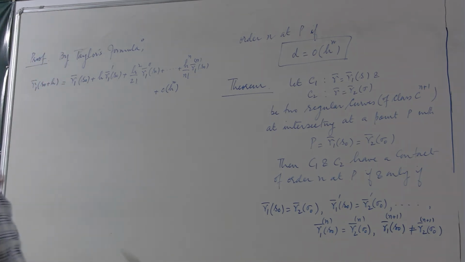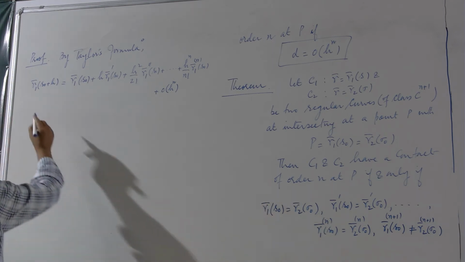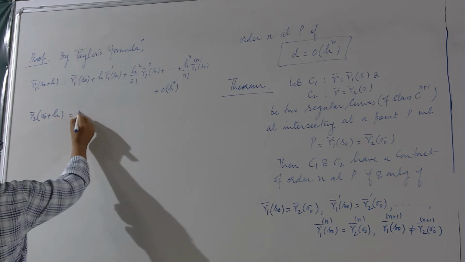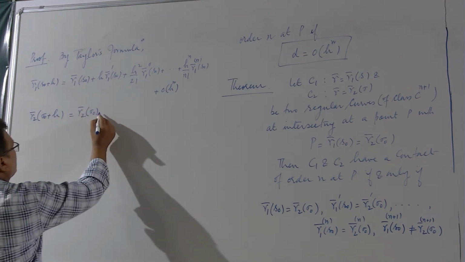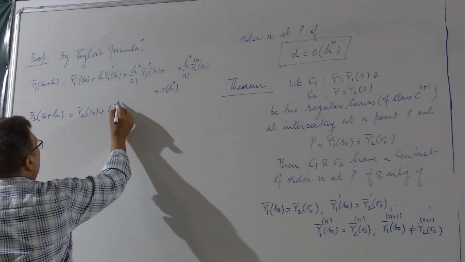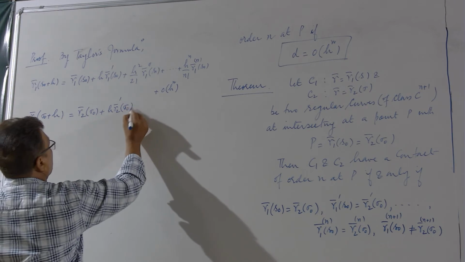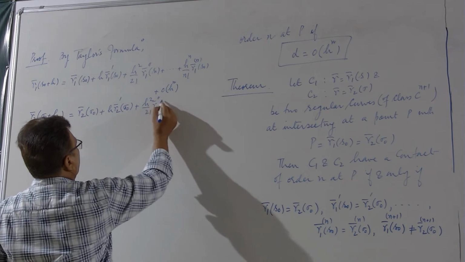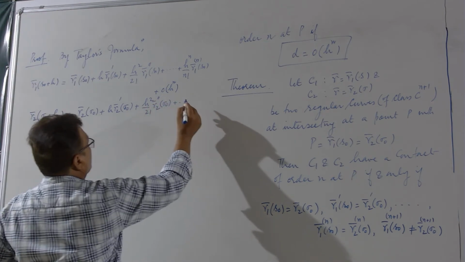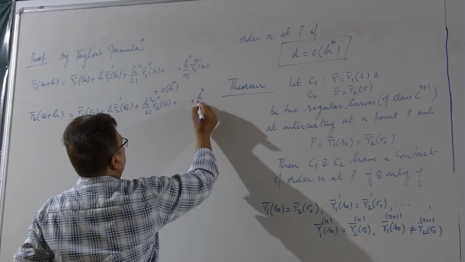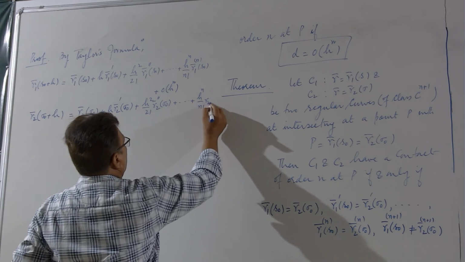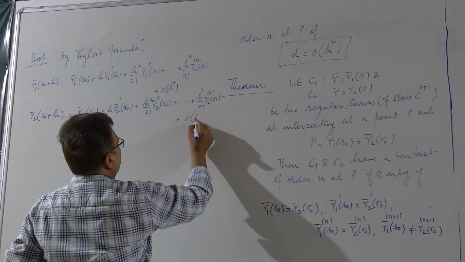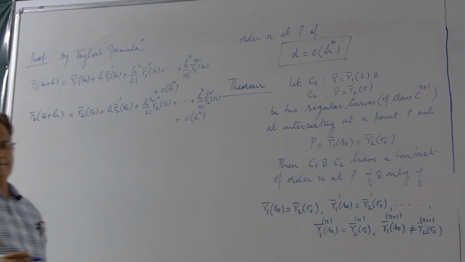Similarly, I can write down the Taylor series for the second function r2(sigma0 + h). This will be r2(sigma0) plus h times r2'(sigma0) plus h square upon 2 factorial r2''(sigma0) up to, say, h to the power n upon n factorial r2 nth derivative at sigma0, plus here also terms of the order of h to the power n.